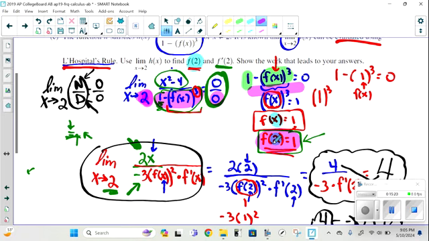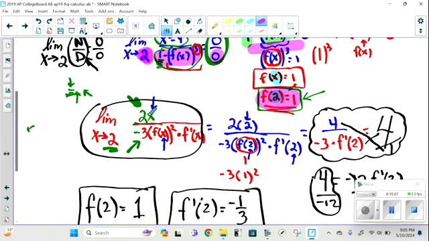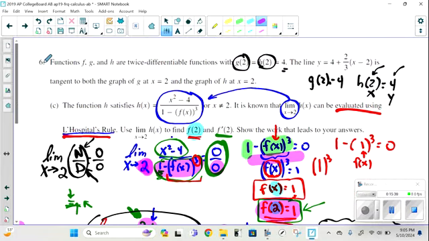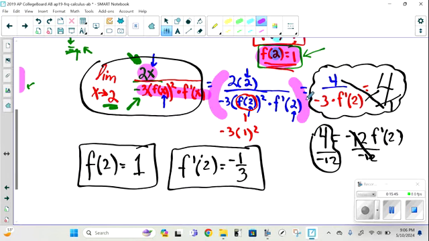Then we said, if we're using L'Hopital's rule, let's take the derivative of the top and the derivative of the bottom separately and try plugging a 2 in again, which we did right here. And oh, by the way, because there's a point there, my limit of h as it approaches 2 should equal 4. That's why we set it equal to 4. We did our cross multiplying and came up with our answers.